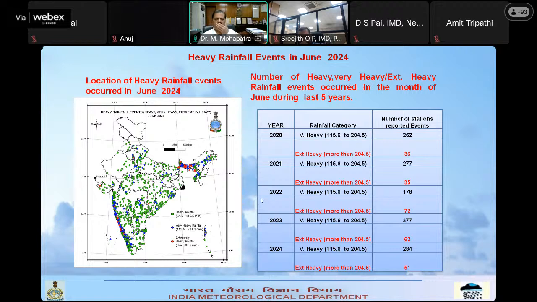Now, if I compare this heavy rainfall activity with previous years, I find that this year there were 51 occurrences or events of extremely heavy rainfall, compared to 62 last year, 72 in 2022, 35 in 2021, and 36 in 2020. And what is the result? Because of this extremely heavy rainfall activity, there was flooding in Sikkim, southern West Bengal, and Assam.